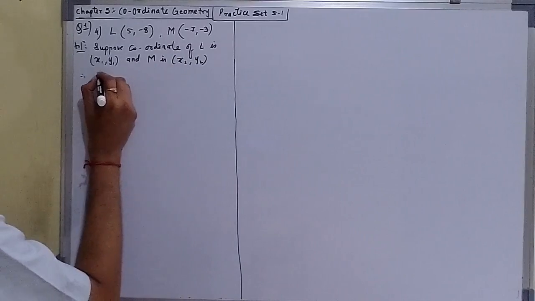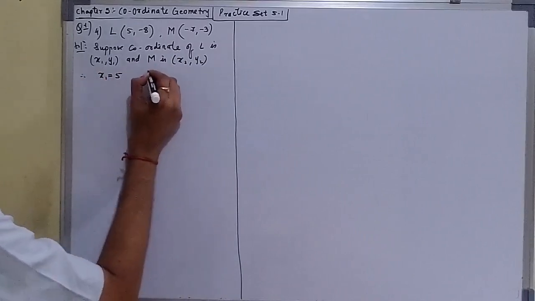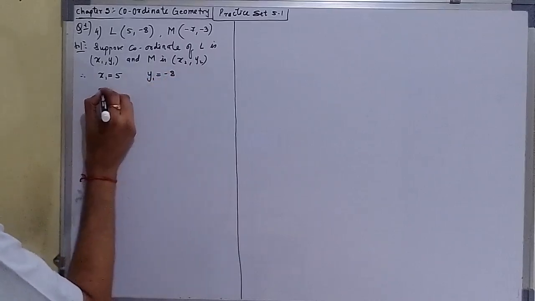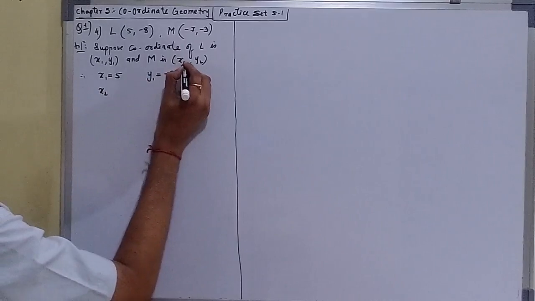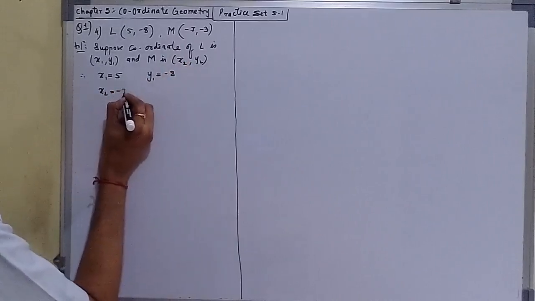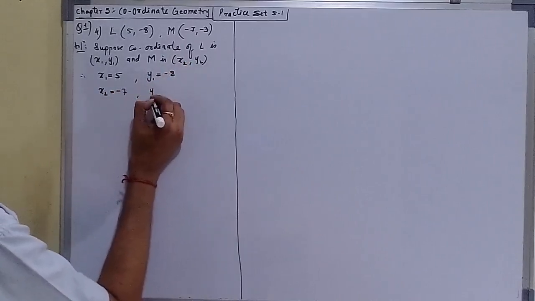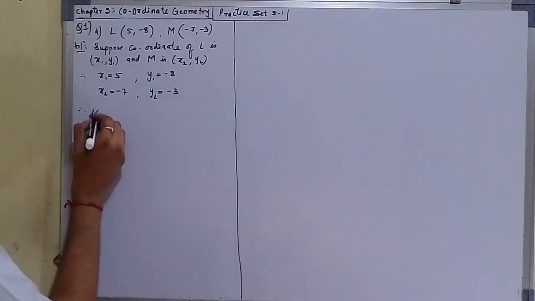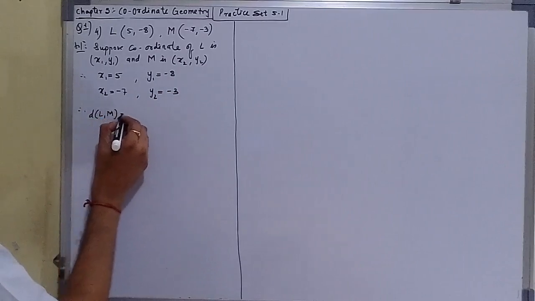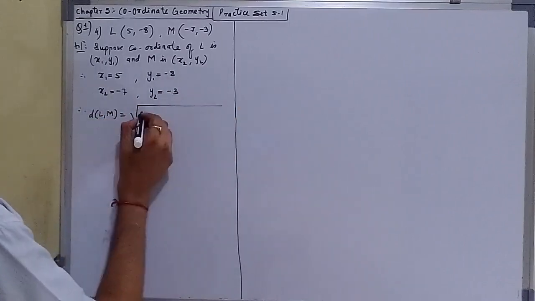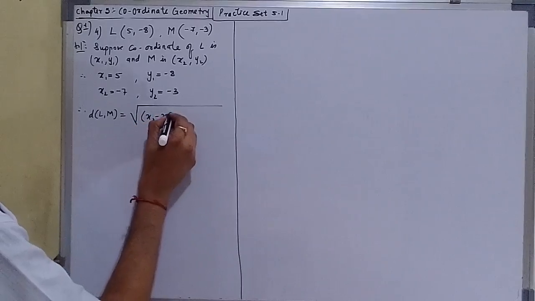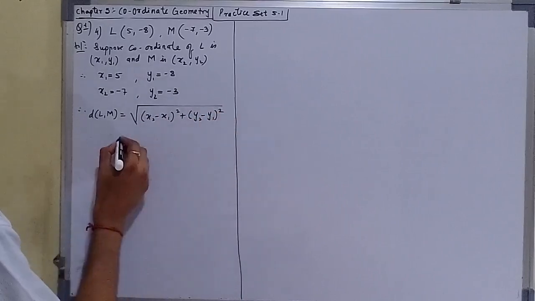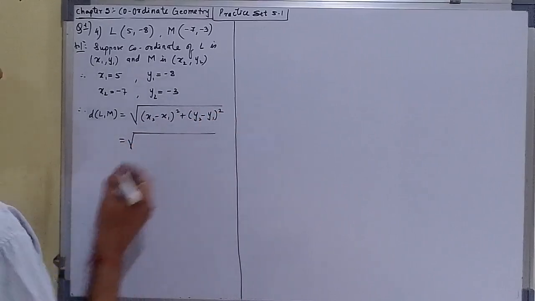Therefore x1 will be 5, y1 will be -8, and x2 will be -7, y2 is -3. Therefore, distance LM will be the square root of x2 minus x1 the whole square plus y2 minus y1 the whole square.